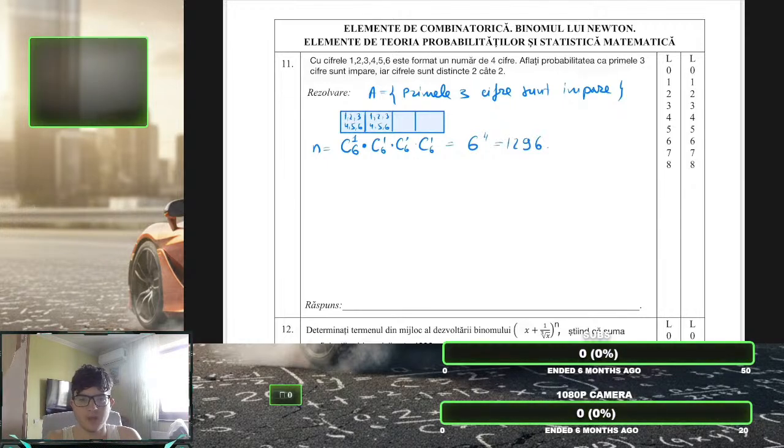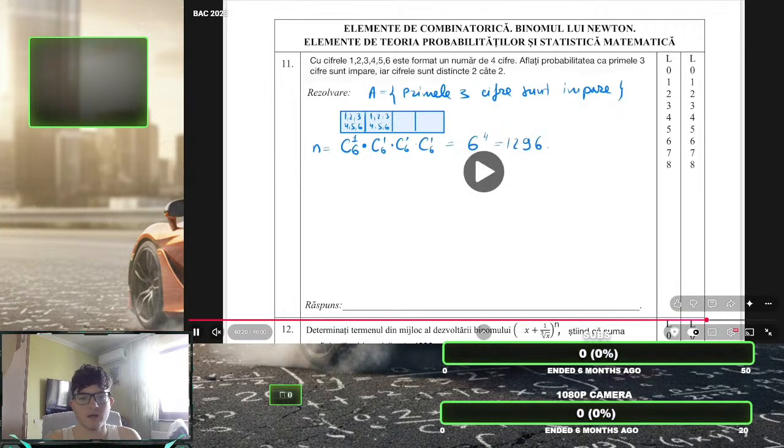M, yes, 4 squares like that, and the first one can either be 1, 3, 5, 7, or 9, or no, it can be 1 and 1 and 3 and 3, or it can be 5 and 5 and 7 and 7.